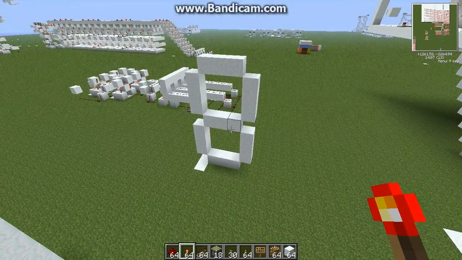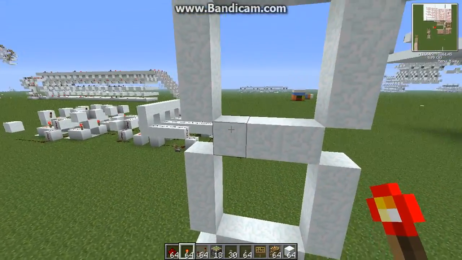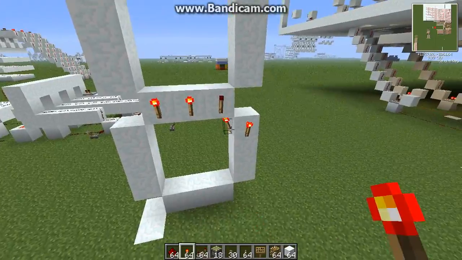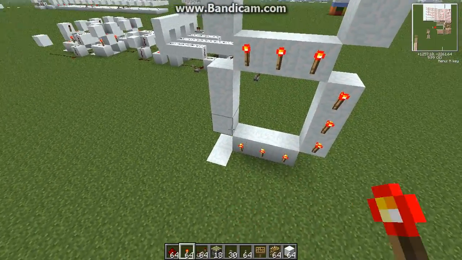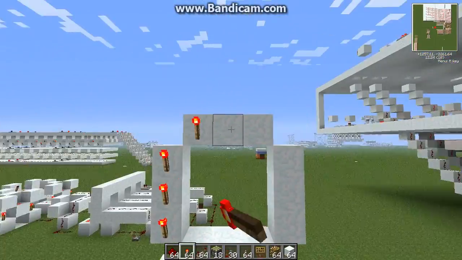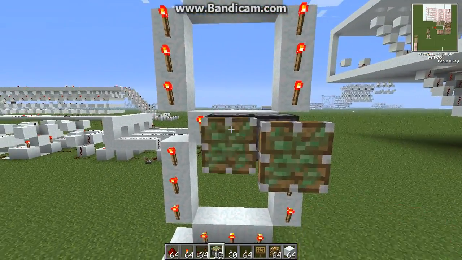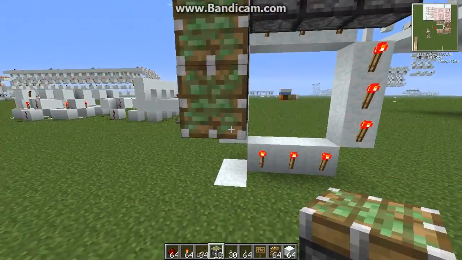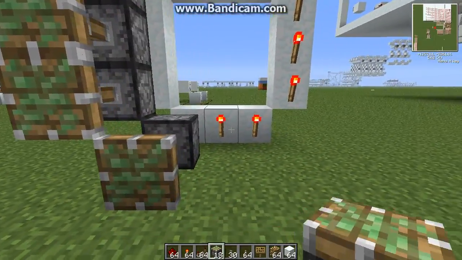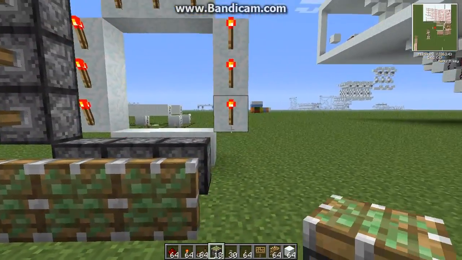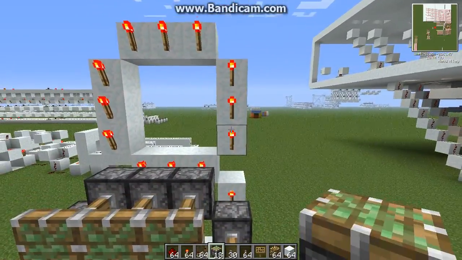So, the display itself is pretty easy. You just need torches, and it does need to be this big, unfortunately. You can try making it smaller, but it generally doesn't work out that well.